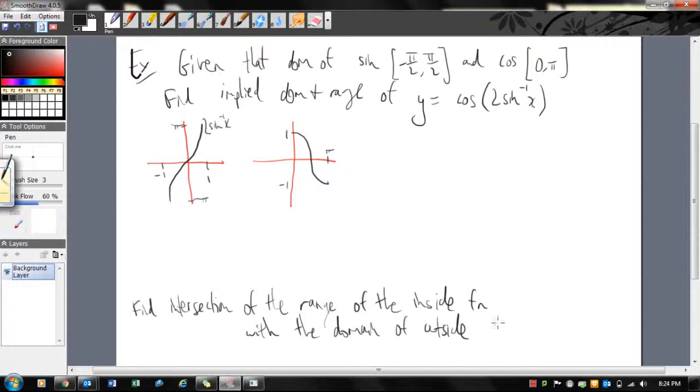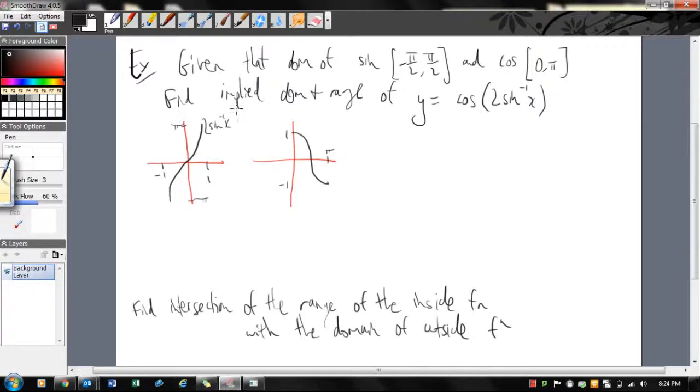I'll explain that. For this to be defined, the domain of the outside function, if that was cos x, whatever the inside stuff is, needs to be defined in the same places as the range of the inside. It needs to be where they cross over.